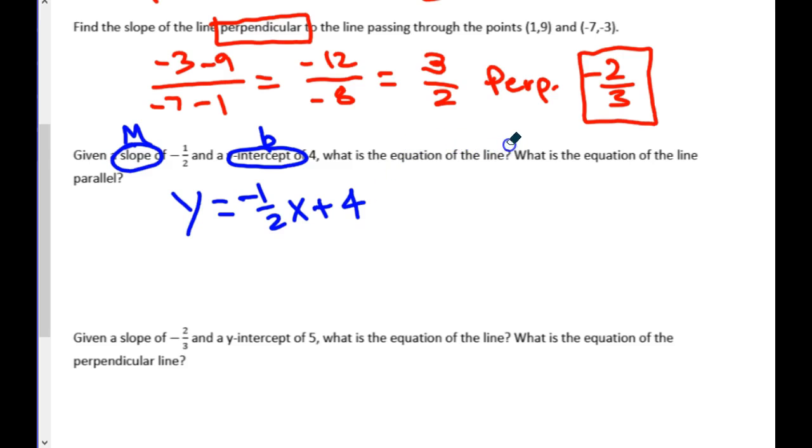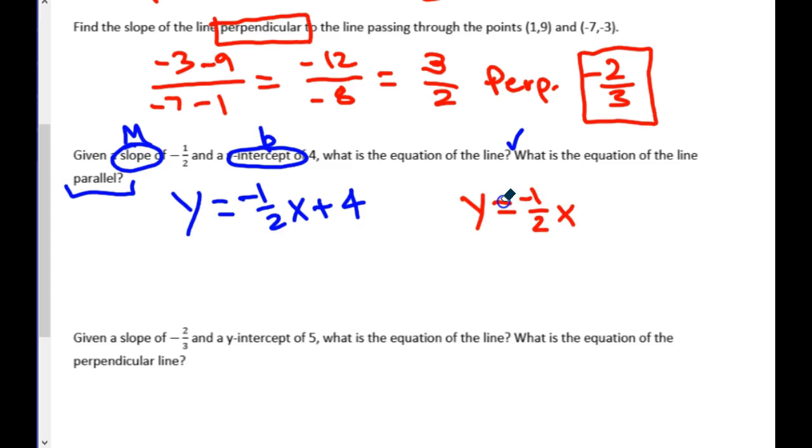Now, right here, we did this part. So far, so good. Keep reading. What is the equation of the line parallel? How do I write a parallel equation? Keep the slope, change the y-intercept. Very good. So I'm going to write y equals what? Y equals negative 1 over 2x.